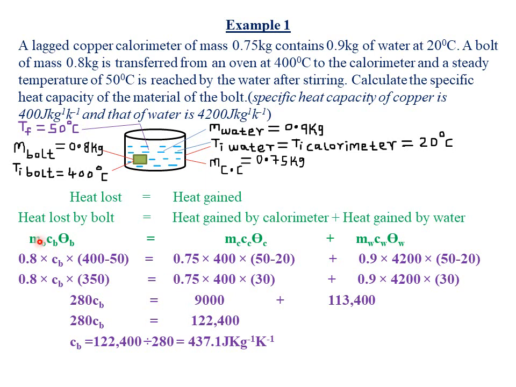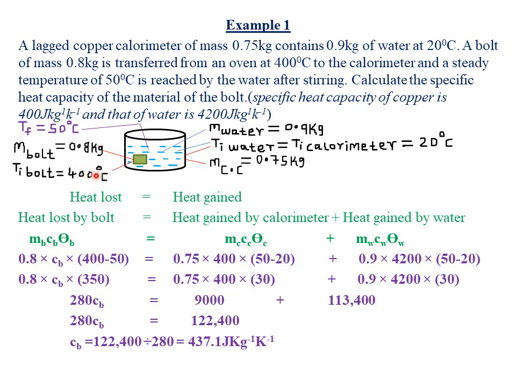The mass of the bolt we were given as 0.8 kilograms. So 0.8 multiplied by the specific heat capacity for the bolt, which is what we want to find, which we simply represent by the specific heat capacity of the bolt, multiplied by the change in temperature for the bolt. For the change in temperature, you simply take the larger temperature minus the smaller temperature. For the bolt, the initial temperature was 400, and the final temperature of the mixture is 50.